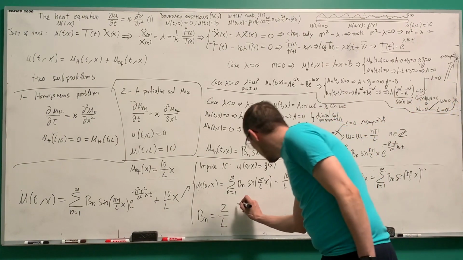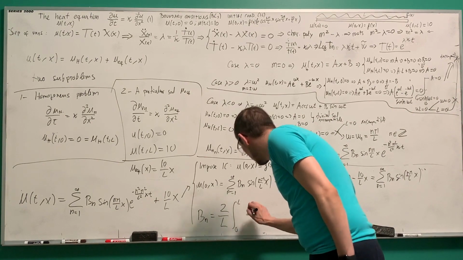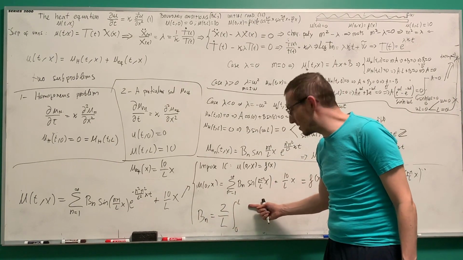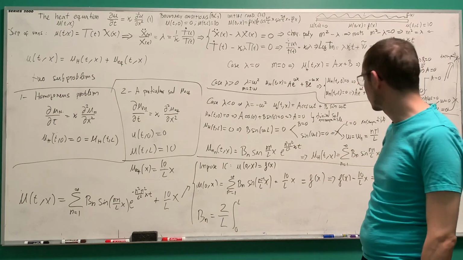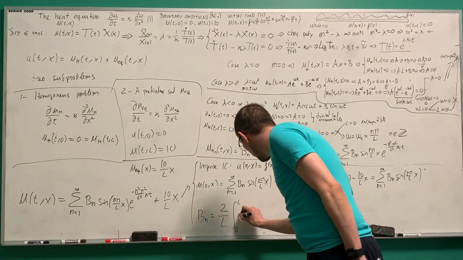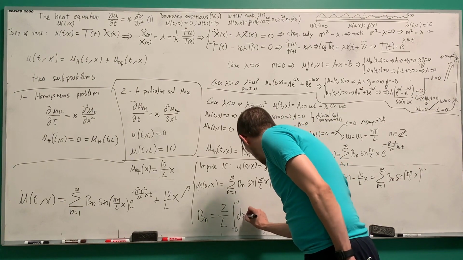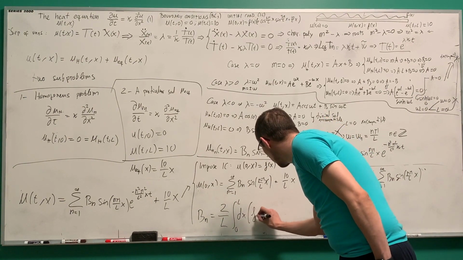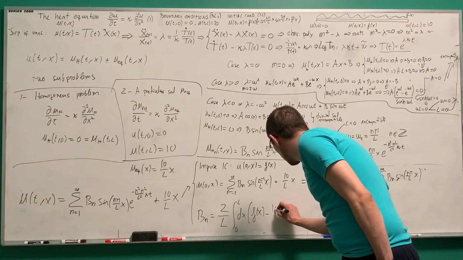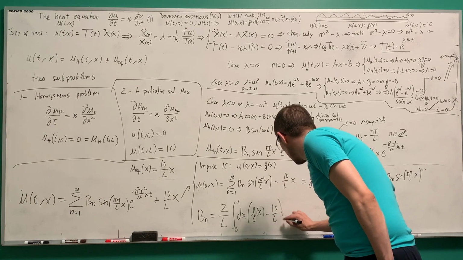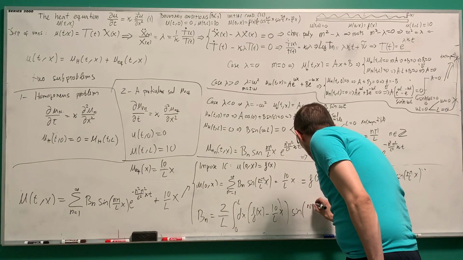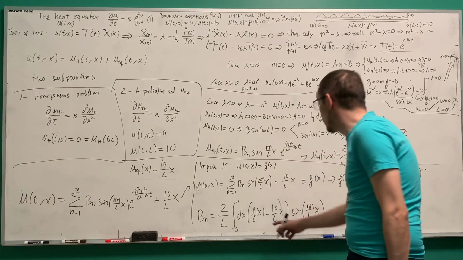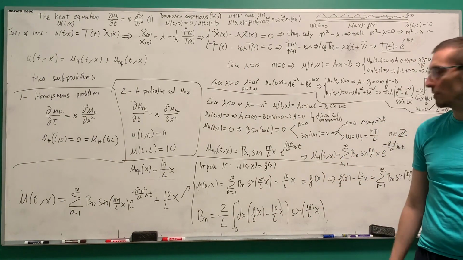Integral from 0 to L. It is minus L to L for being the odd extension, but a factor of 2 makes it 0 to L. Then we get dx of f of x minus 10 over L x times the sine of n pi over L x. And then you put there your function and compute those coefficients.